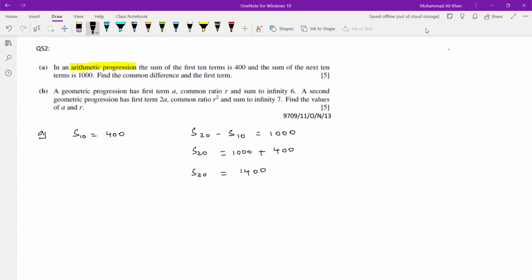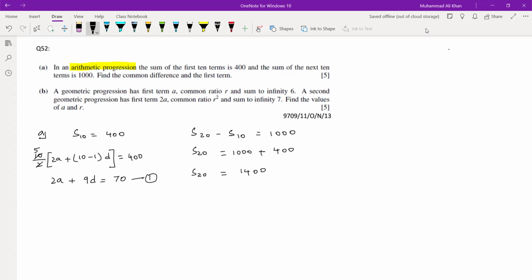अब आइए सम का फॉर्मूला n/2 (2a + (n-1)d), where the common difference d we have to calculate, equals 400. Now 2 5s are 10, and 400 divided by 5 will be 80. So 2a plus 9d equals 80.